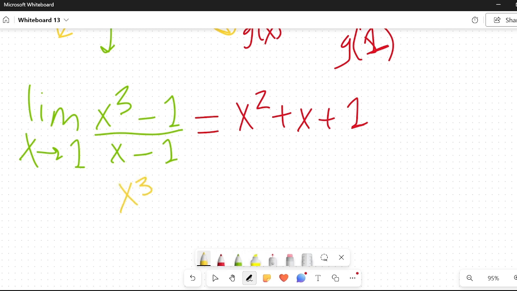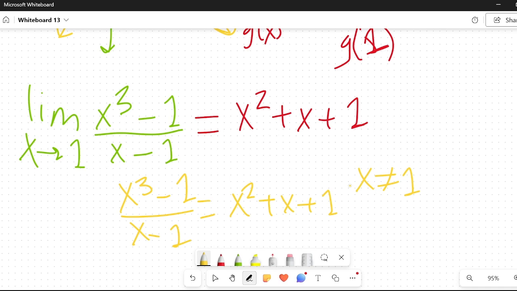So this is using our thing from earlier, where (x cubed minus 1) over (x minus 1) equals x squared plus x plus 1, except for when x is equal to 1. If x is equal to 1 here, this doesn't exist. But if x equals 1 in the simplified form, it is equal to 3.